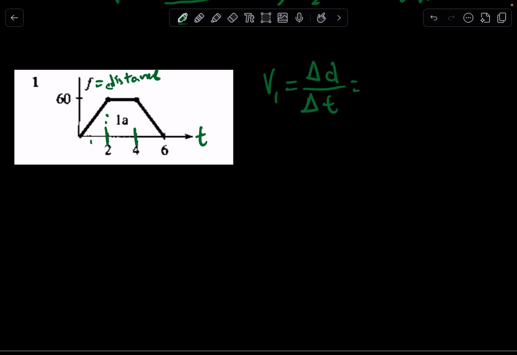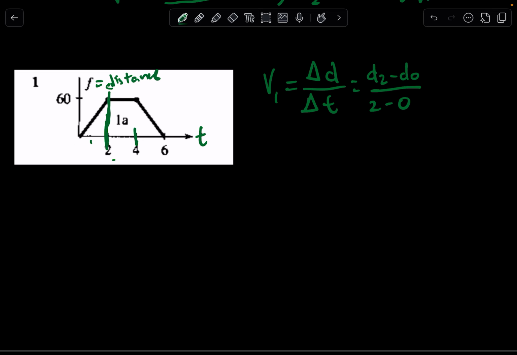We're focusing on this part of the problem. Distance at time 2, right here, minus distance at 0, over time 2, which is 2 right here, minus 0, because 0 is the initial 0, right?